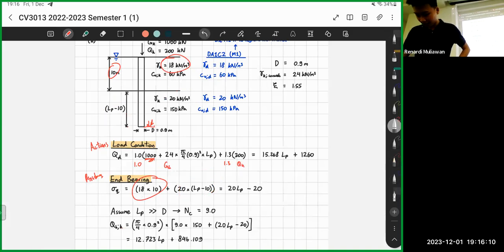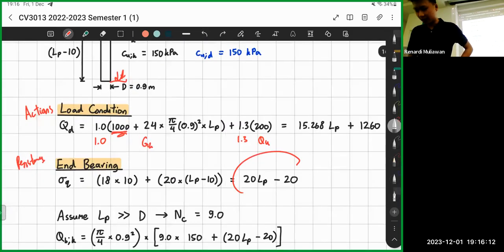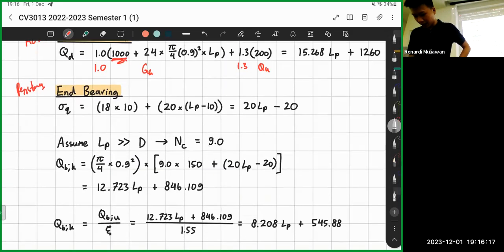So that's the reasoning, and we get this in terms of LP. And then it is the one that we stated just now. We assume that pile length is very deep, so D is very, very big. So NC equals 9.